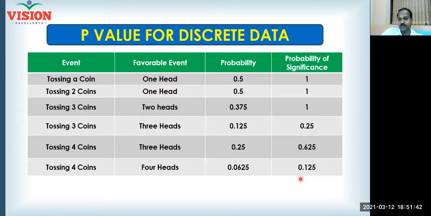So even at a 10% level of significance, I cannot consider any of these events as significant, for the simple reason that the p-value is more than 10%. So always, the p-value must be compared with the level of significance in your study, and if the calculated p-value is more than the level of significance, you must conclude the event as insignificant, right?